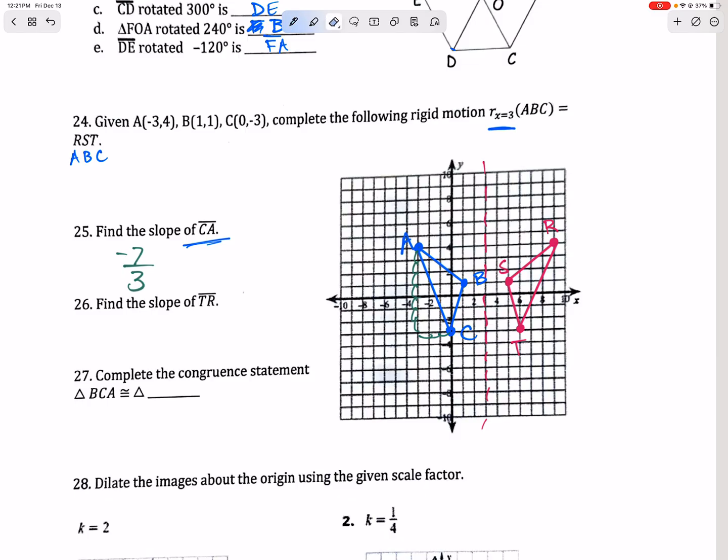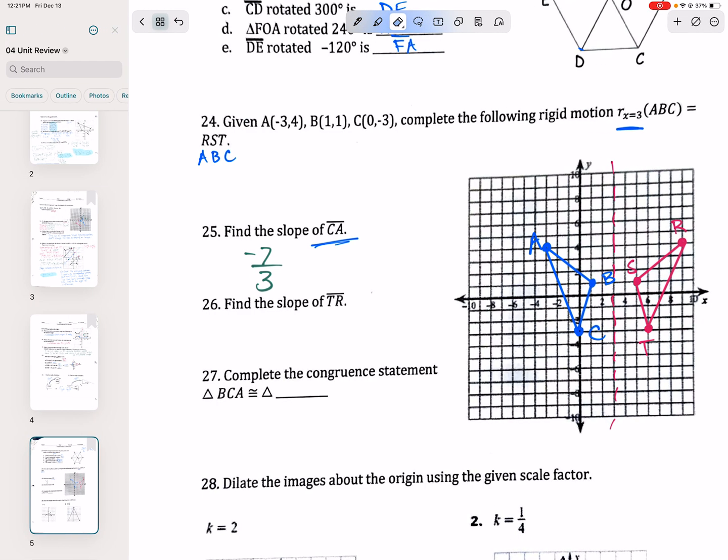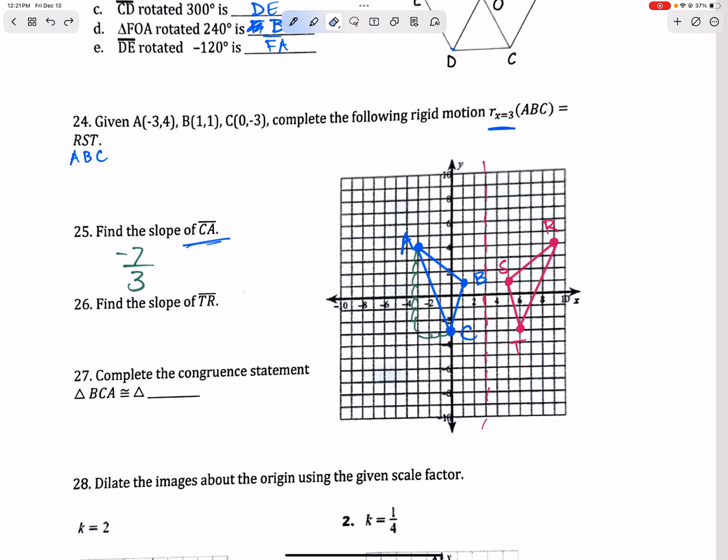Find the slope of TR. So TR, I'm going to go 1, 2, wait, why am I doing that one? I got to do change of y over change of x. So 1, 2, 3. 3 is the bottom. 1, 2, 3, 4, 5, 6, 7. Up 7. Look at that. It's the exact opposite. Interesting.